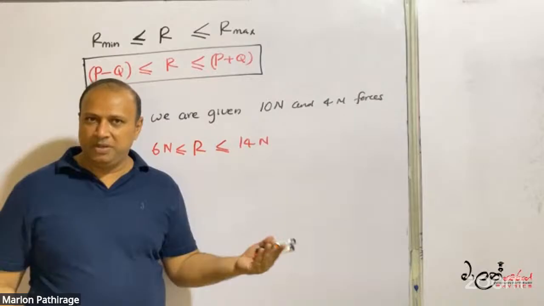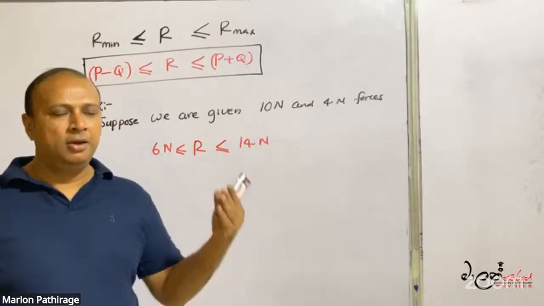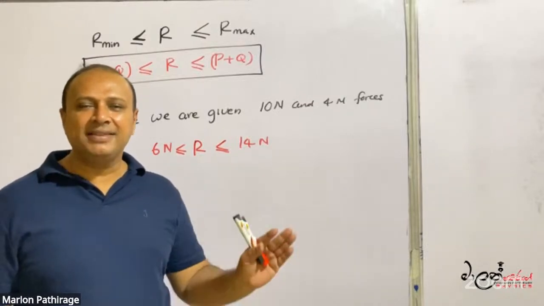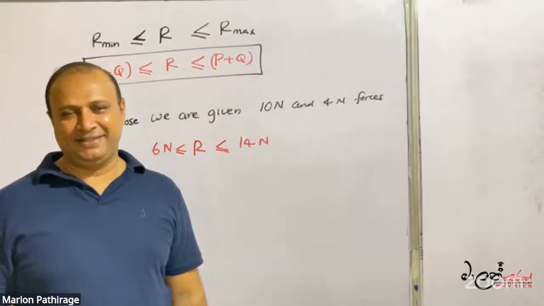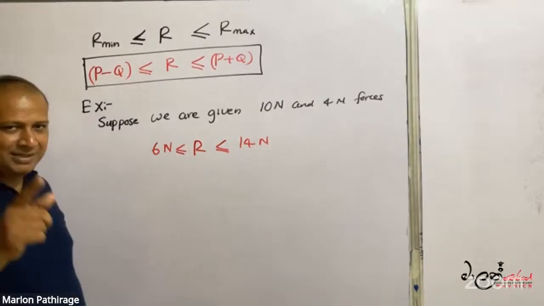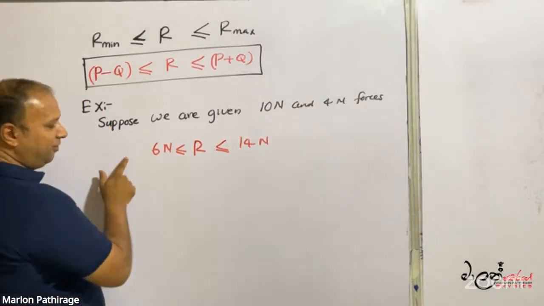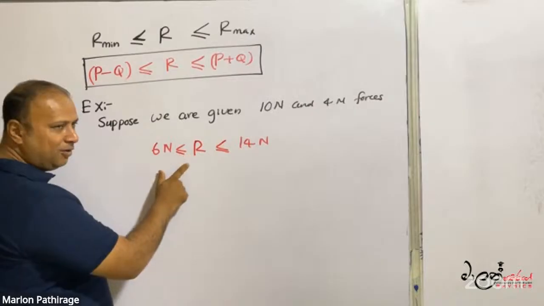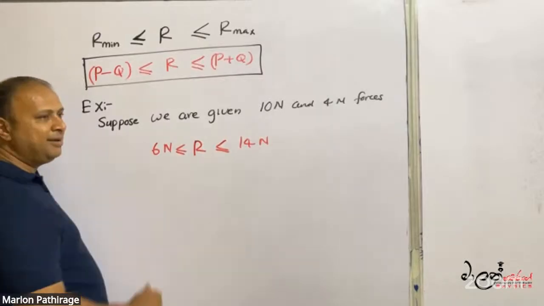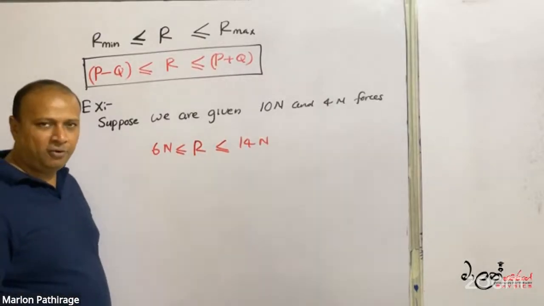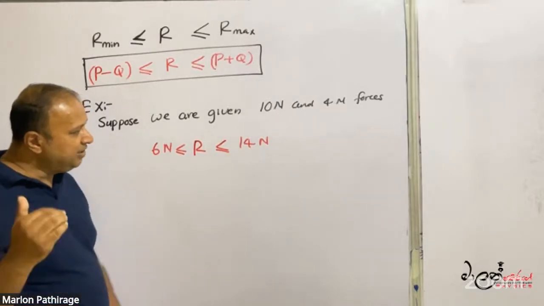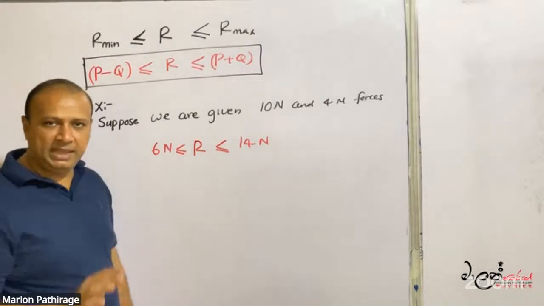Then you may be asked, what would be the most possible resultant force set? Then you need to understand this one. The resultant force cannot take a value higher than 14 Newton or lower than 6 Newton. Therefore, if there is a value which is higher than this value, then it won't happen.